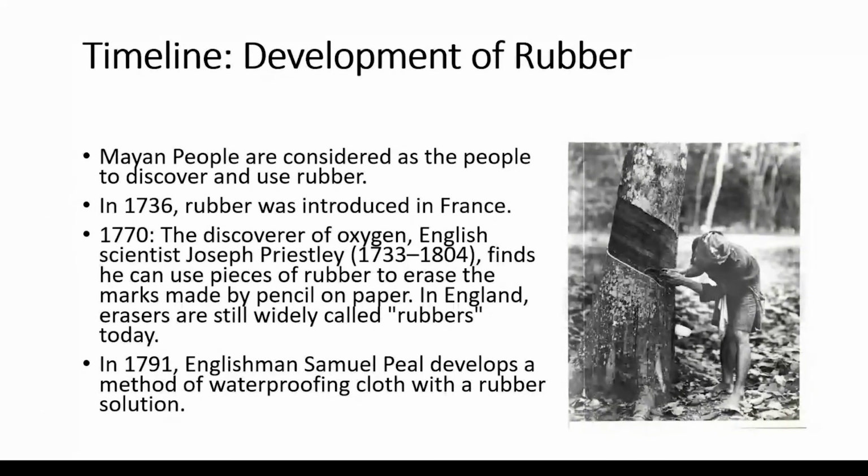In 1770, the discoverer of oxygen, English scientist Joseph Priestley, found he could use pieces of rubber to erase the marks made by pencil on paper. In England, erasers are still widely called rubbers today.